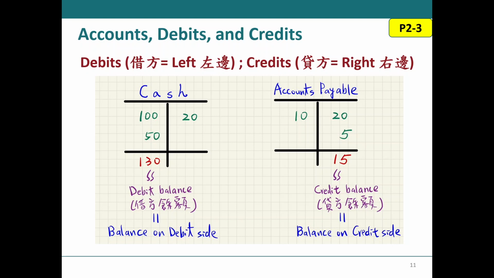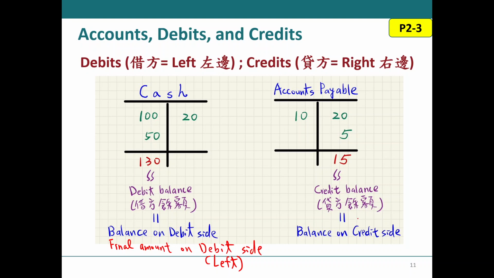It means your balance on the debit side, your last amount on the debit side, your final amount on debit. On the debit side means on your left.